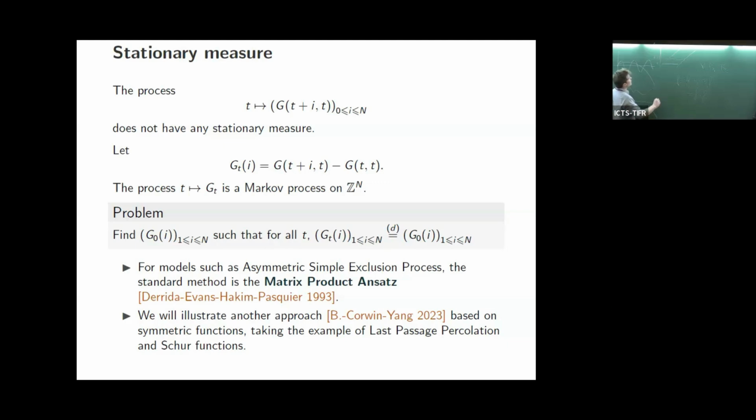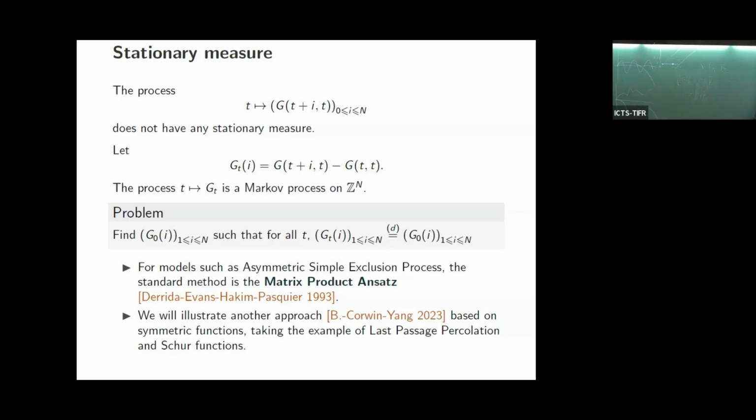However, what we can do is to consider the difference between the last passage time here at G t plus 1, I and here, G t, I. We look at the increments of last passage times here and there. And the set of the differences, as I varies, this actually will reach a stationary distribution.